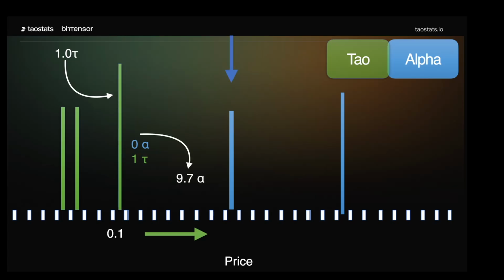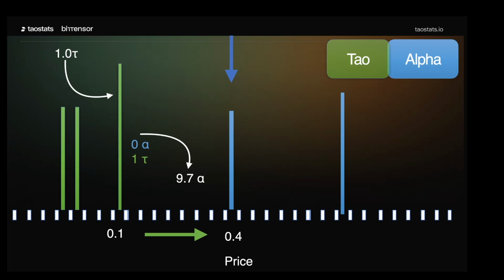If I put in 1 Tau, now this little tick only has Tau for liquidity. There's no more Alpha because all of the Alpha has now been distributed from that purchase. What that does is we added Tau and we go to the next place where there's Alpha liquidity. So we jumped the price up to this tick way up here. And for example, that could be a large jump of, 0.3.